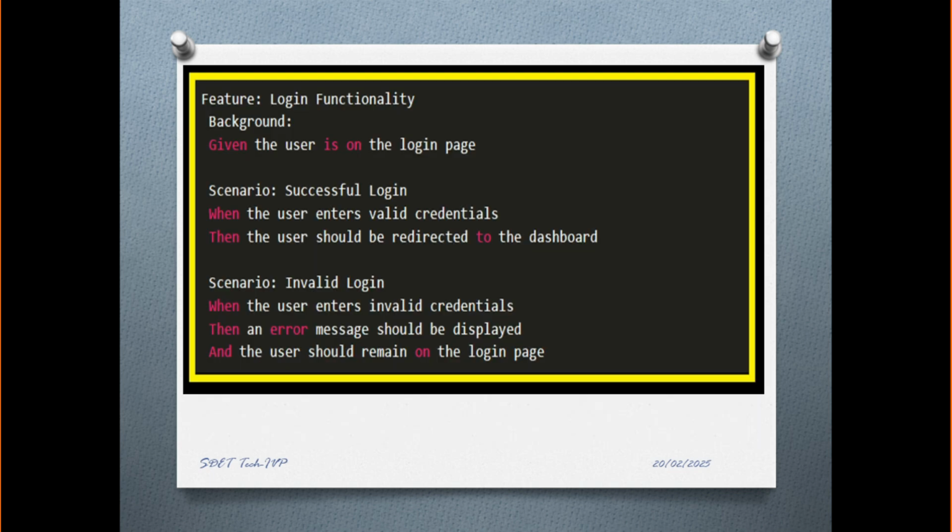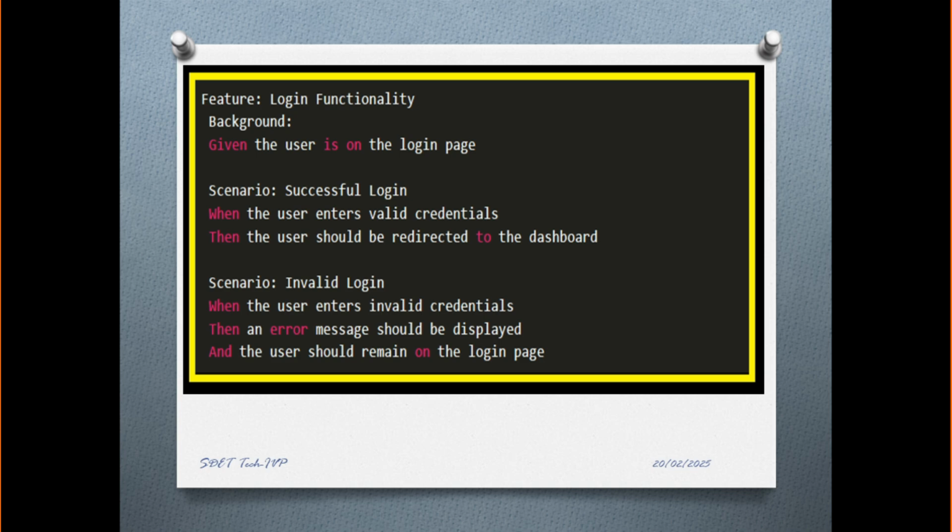Let's see how we write the feature file. This is your feature file. In the feature file, firstly we type the title, Feature colon, and the title name is Login functionality. In the Background, Given the user is on the login page. Given is a condition, a condition provided that the user is already on the login page.